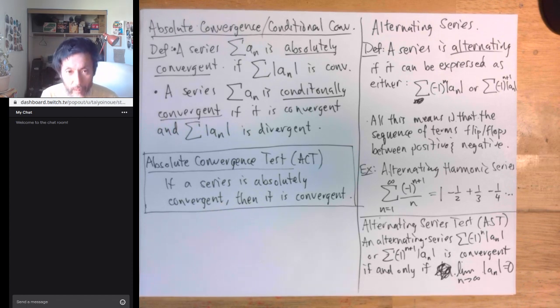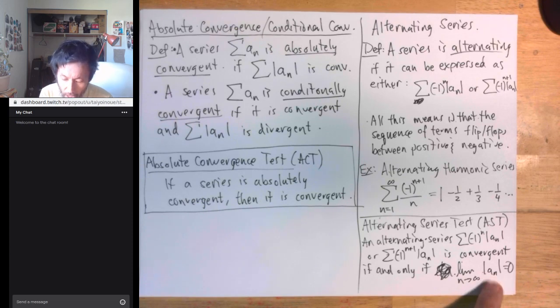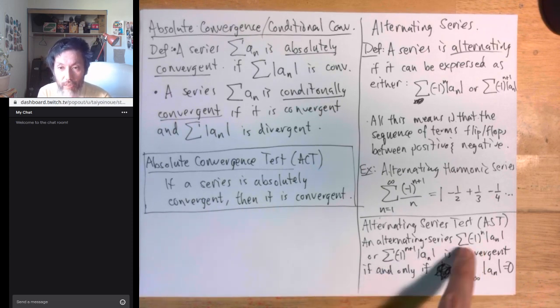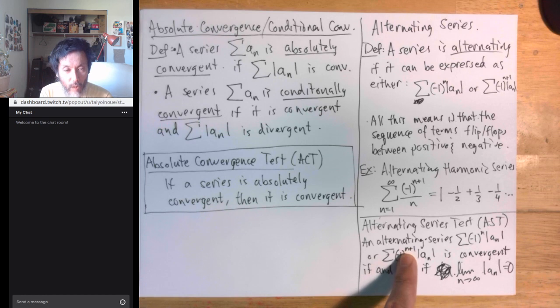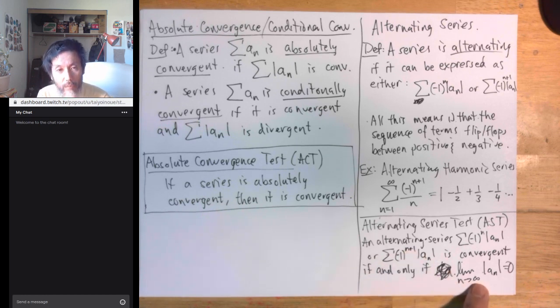But now look at this statement. Obviously this condition here, that the limit as n approaches infinity of the absolute value of a sub n is 0, means that the sequence of terms of either of these alternating series representations goes to 0.